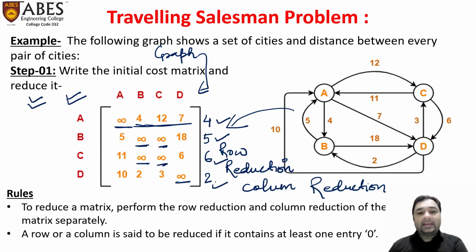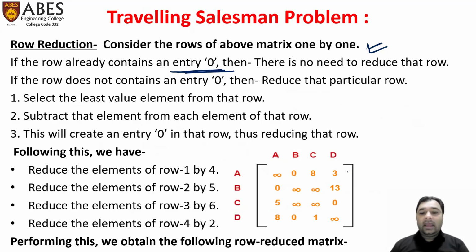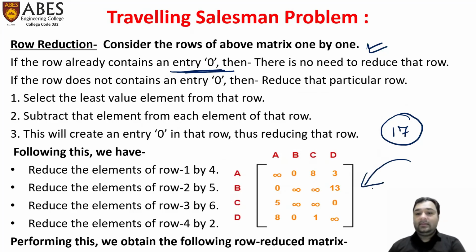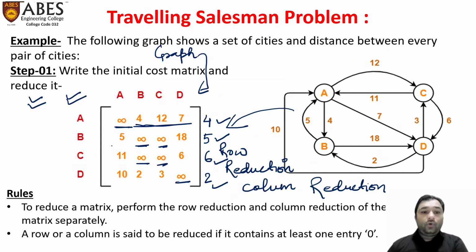We will get 17 as the cost of row reduction. And after row reduction, we will get this matrix. This is an improved matrix, or the reduced matrix.